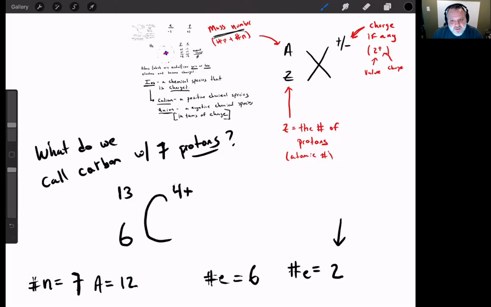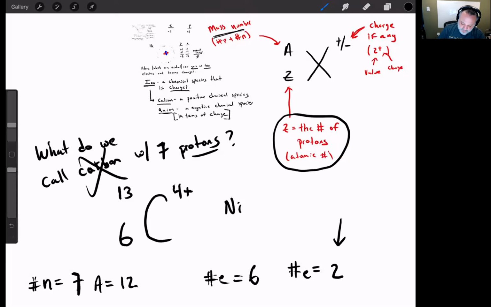Most folks are saying what I'm hoping that you're saying. Remember that the number of protons determines what the atom is. So once you have said, I have 7 protons, it's just not carbon anymore. It's now nitrogen. So that's the trick question.